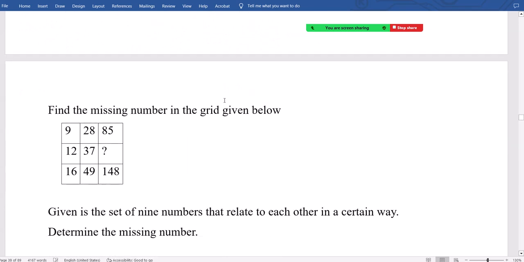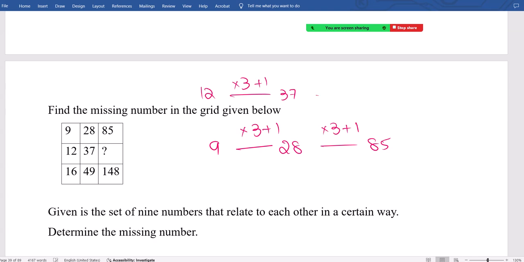Now this question. Nine, 28, 85. 9 multiplied by 3 is 27 plus 1. 28 multiplied by 3 is 84 plus 1. 12 multiplied by 3 plus 1 is 37. 37 multiplied by 3 is 111 plus 1 is 112.